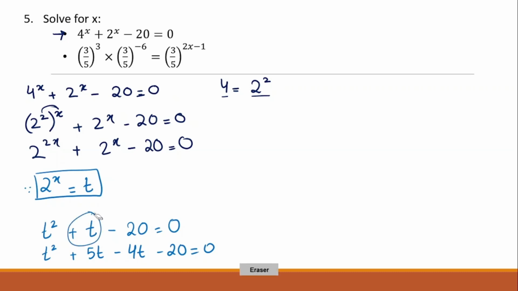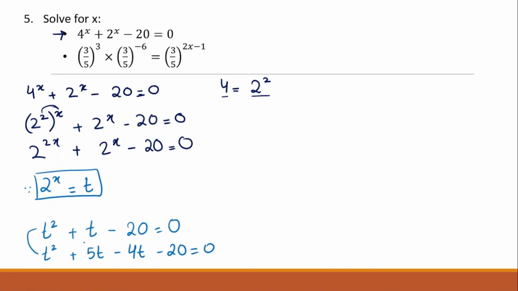They both are the same thing, right? And when you multiply 5 with 4, you will get 20. And 5 multiplied by negative 4 is negative 20. So this is how we will write 5t minus 4t. Both equations are the same.